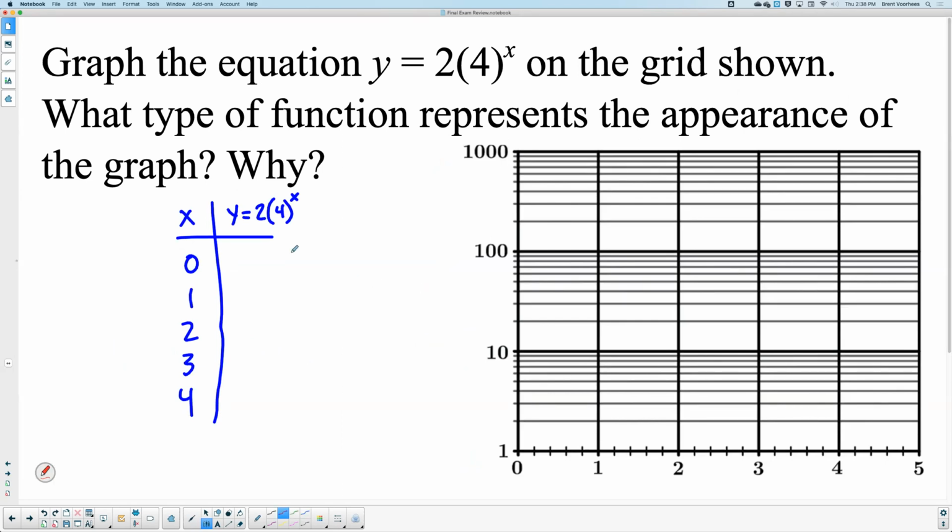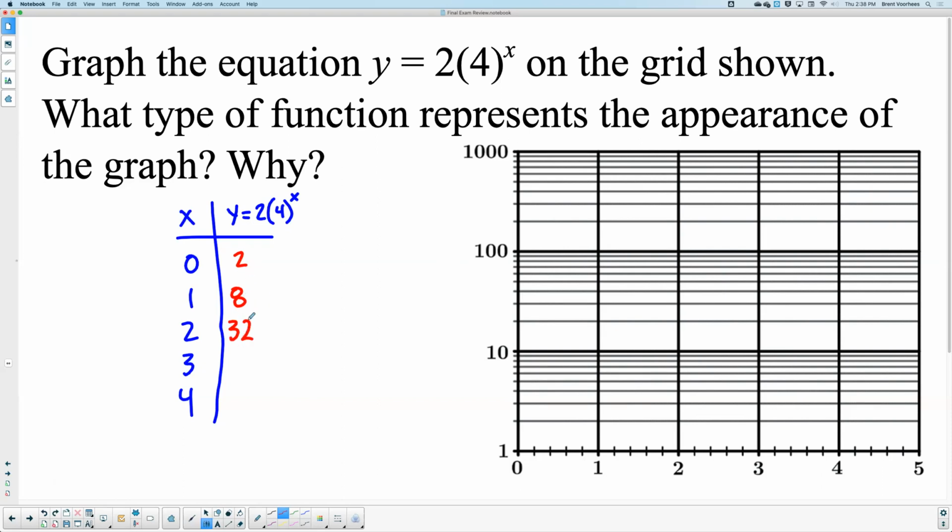So what corresponding y values will we get when we plug this in? What is 4 to the power of 0? What's anything to the power of 0? 1. 2 times 1 is 2, okay? I plug in a 1. What's 4 to the power of 1? 4 times 2? Okay, we plug in a 2. What's 4 squared? 16 times 2? You can see the pattern now.